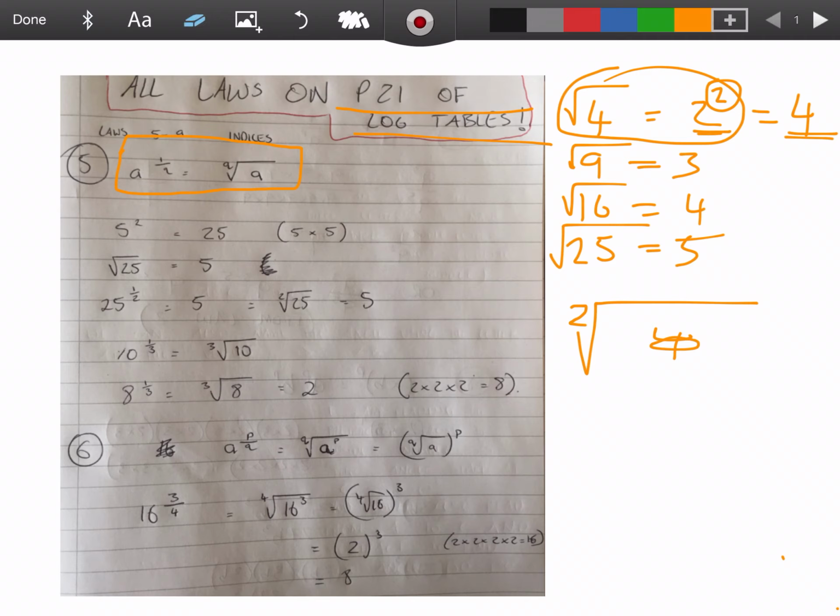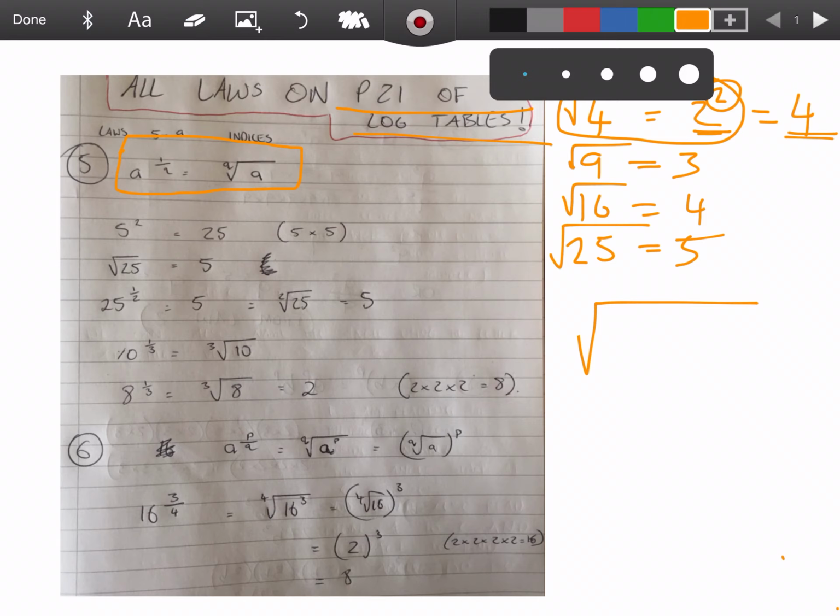The thing that we don't have is we can change that number, and that's what happens in rule 5 here. At rule 5 we can take any number that we want, and if it's powered to a fraction with a 1 on top, so you can see the example that I've got there, 25 to the power of a half, or 8 to the power of a third, we use the denominator of the fraction as the root.